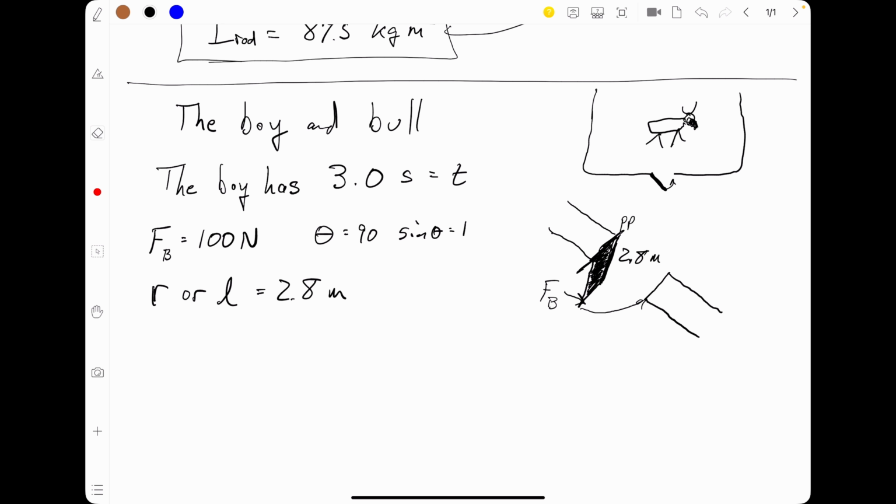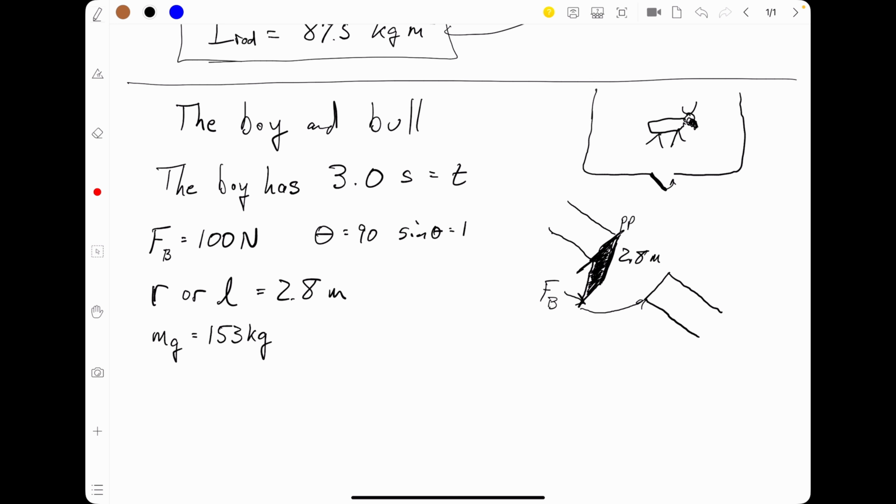We need to know some other stuff before I start asking questions. What else do we need to know? You can pause it if you want and figure out what you need to know. We need to know the mass of the gate. The mass of the gate is 153 kilograms.